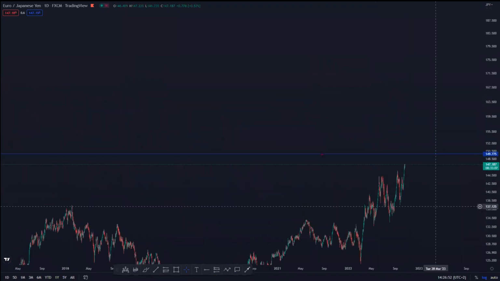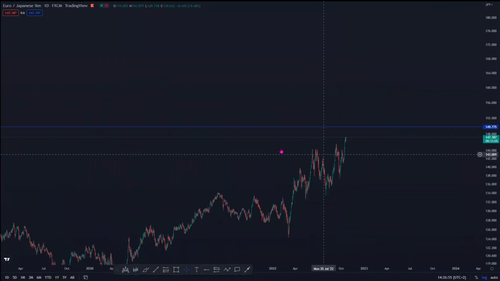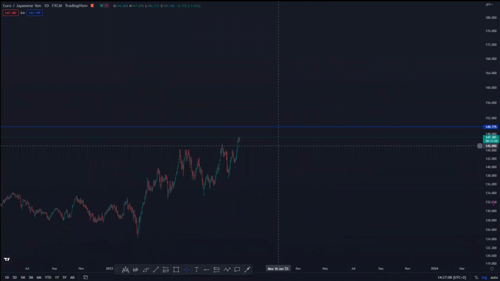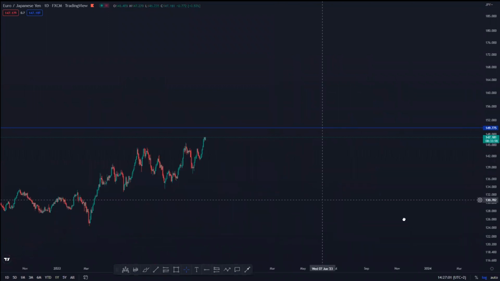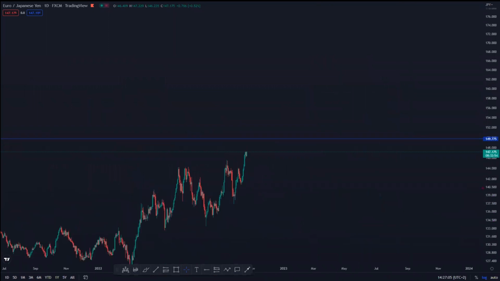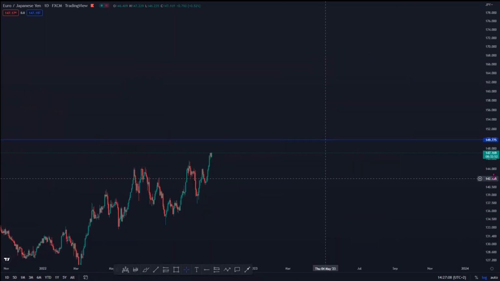As you guys can see, we broke this high, so let's see what we find on this pair, EURJPY.